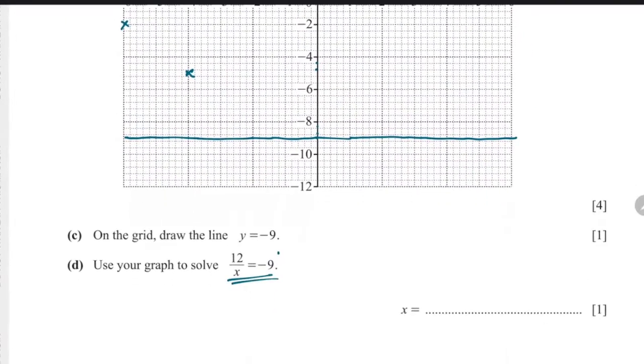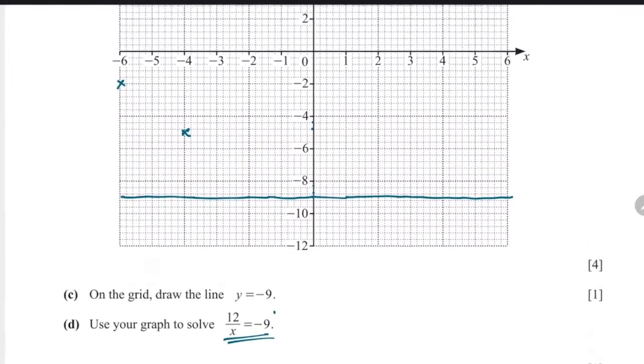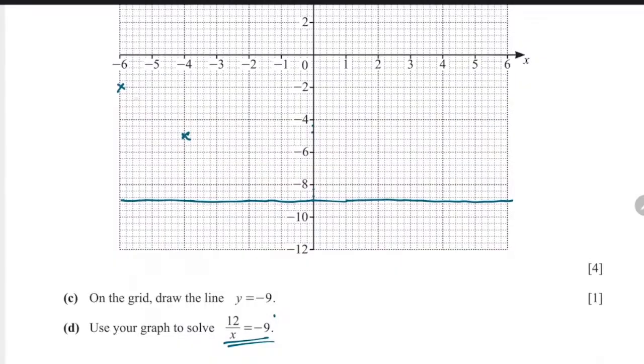Then you just see where it cuts the other graph which you'll be having. Those are your solutions. Are we together? Are we sure? Well done if you do that. So just make sure you do it, and I'll be very, very happy.